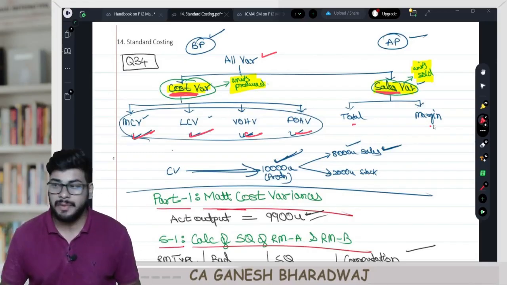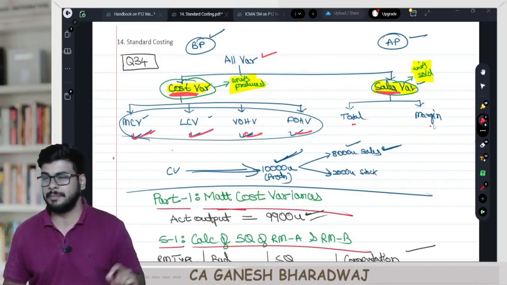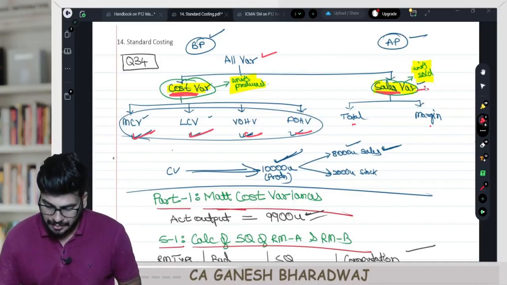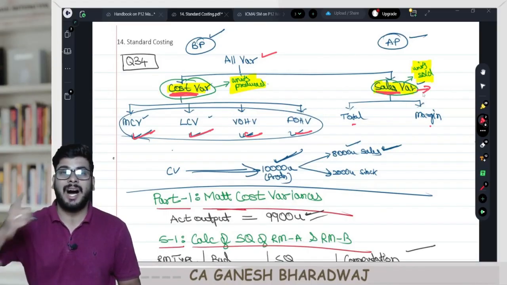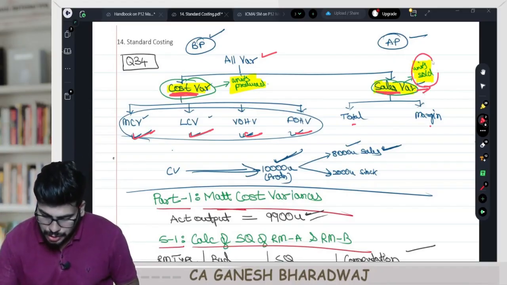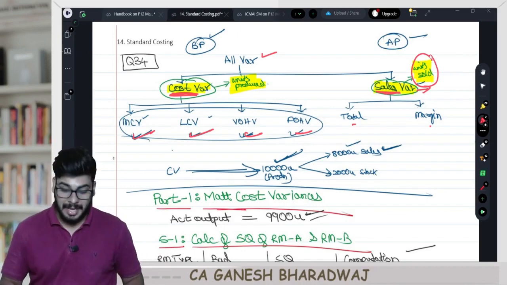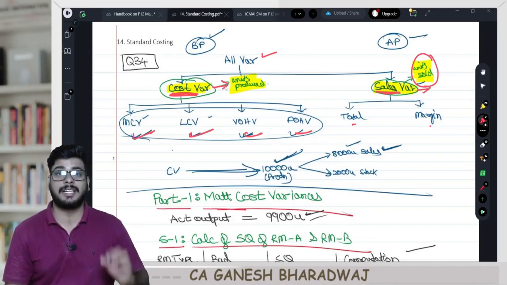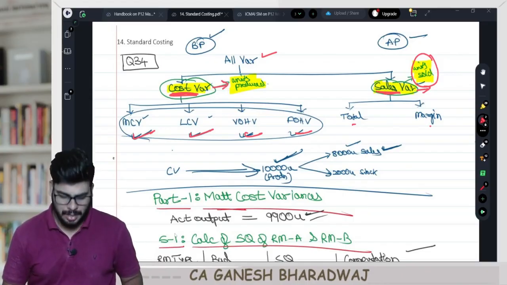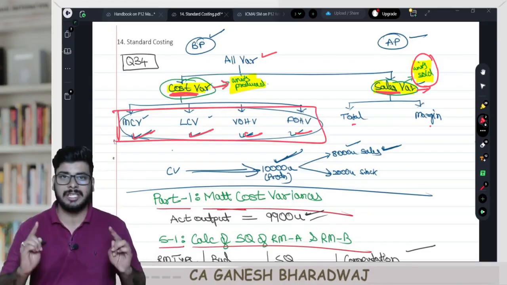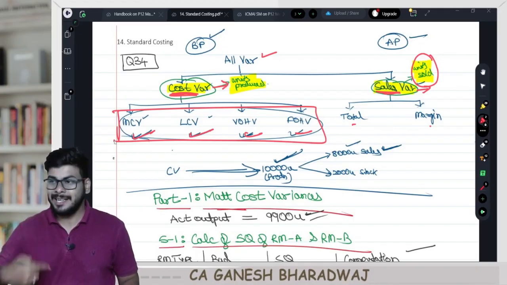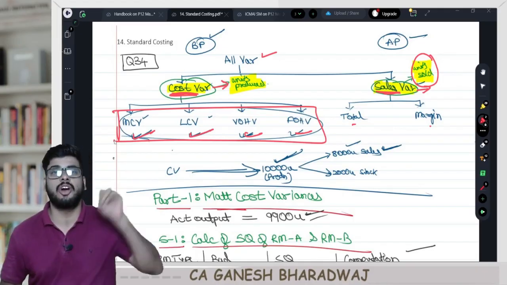Now always remember this: sales variances are always tied to units sold, obviously, because sales pertain to units sold, whereas cost side variances are tied to units produced. Why? Because whatever cost I incur, these costs are for the production, not for units sold.